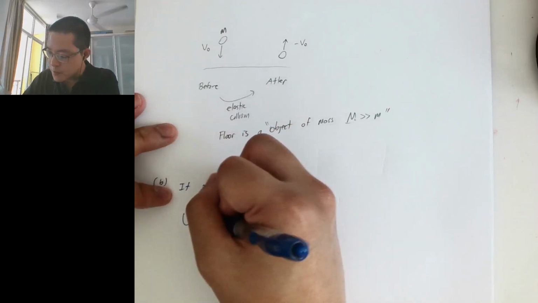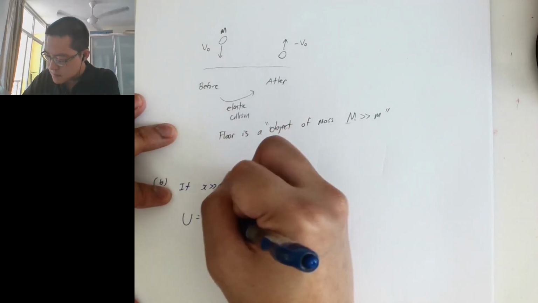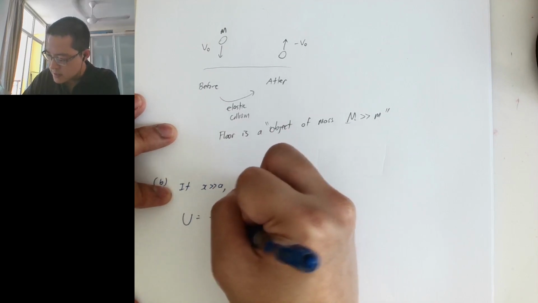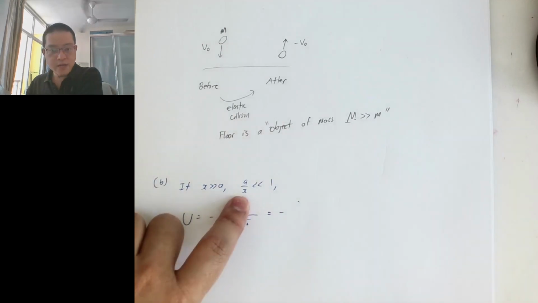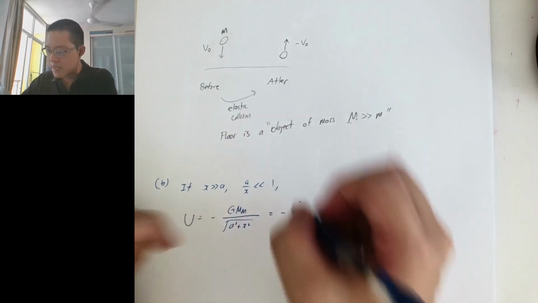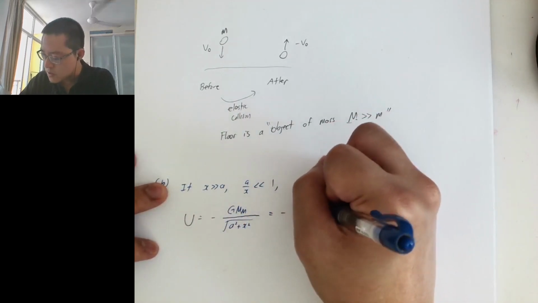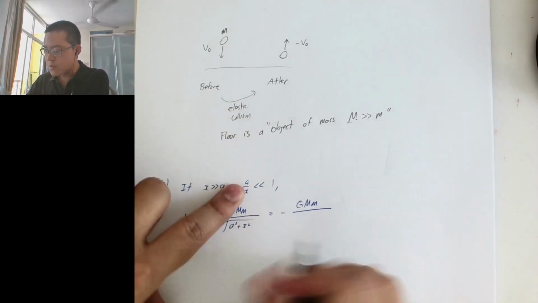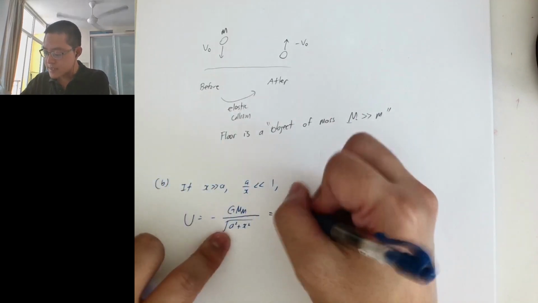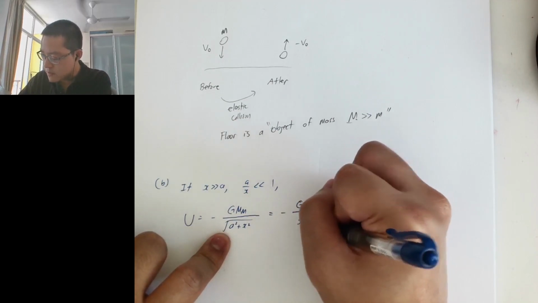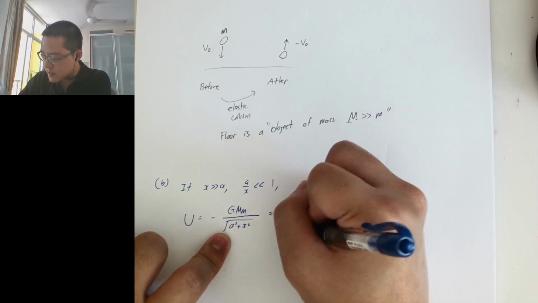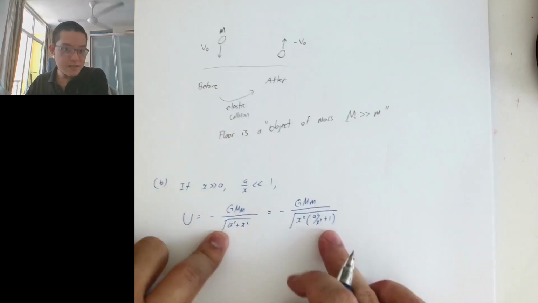Let me manipulate this. We have the square root of a squared plus x squared. Usually you want to manipulate until you see something like this, so you can see the terms to ignore. To do this, I can take out a factor of x squared: x squared times (a squared over x squared plus 1), under the square root. I hope you agree.